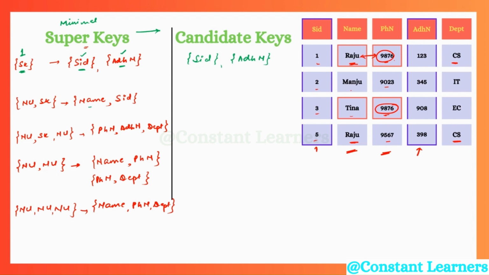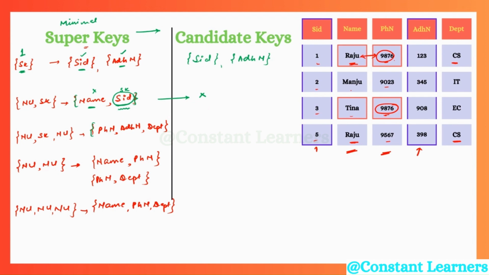Now here, name is a non-unique attribute. That means it is not a super key, but SID is a super key. Whenever we get a super key from a combination of a super key along with a non-unique attribute, then that combination is not eligible to become a candidate key. Whenever an attribute from a super key is itself a super key, then that super key will not become a candidate key.